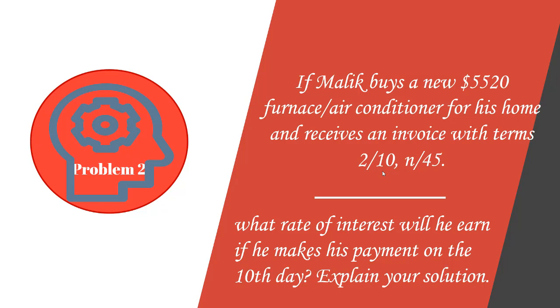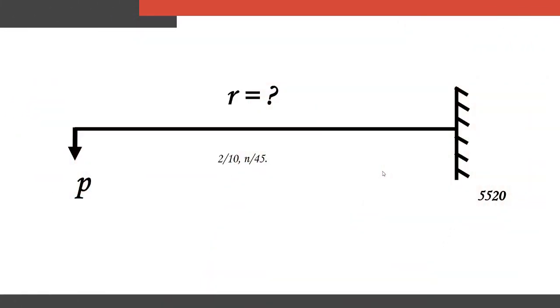The required here: what rate of interest will he earn if he makes his payment on the 10th day? Explain your solution. This is the timeline. We need to get P because he paid on the 10th day.